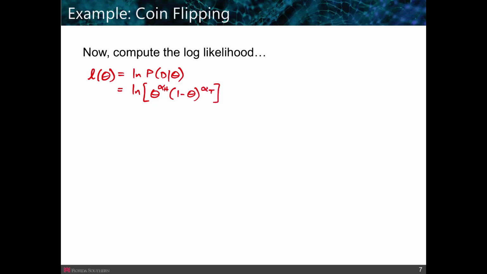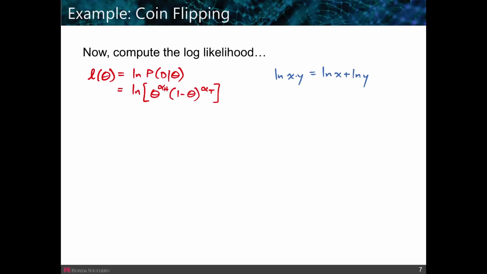If you're not as familiar with the natural log, one of the nice properties of logs is that if we take the natural log of, let's say, x times y, that can be rewritten as the sum of the logs of x and y individually.